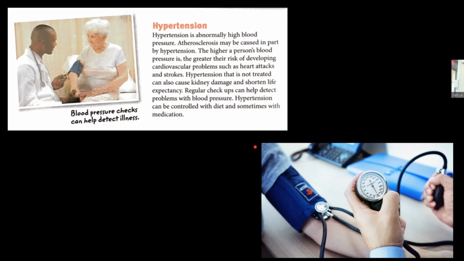Hypertension, right? So what is hypertension? Hypertension is high blood pressure, right? So pressure is basically like a force that some fluid or liquid exerts. So for example, let's suppose the tires on your car start to have low pressure, right? So what does that mean?